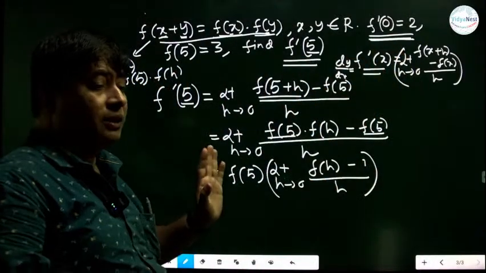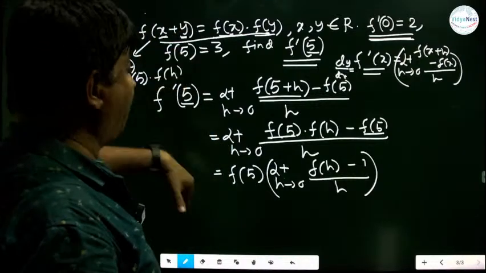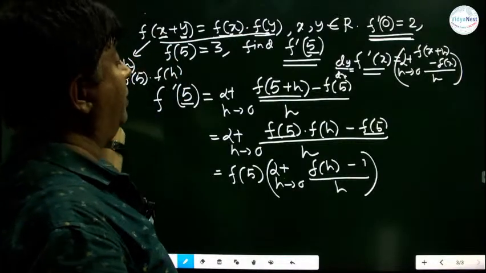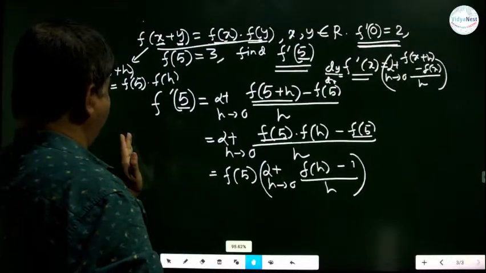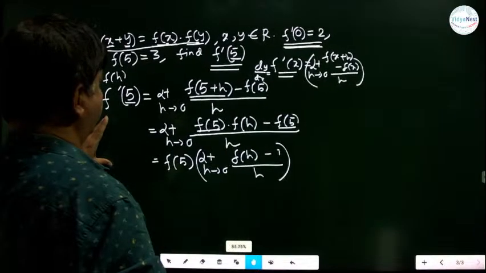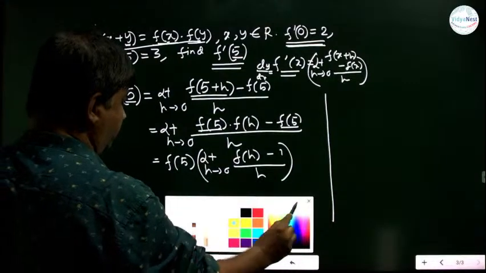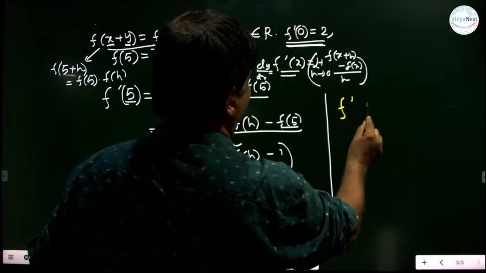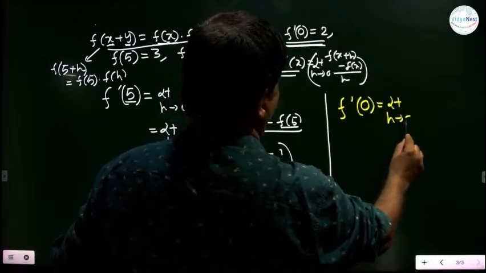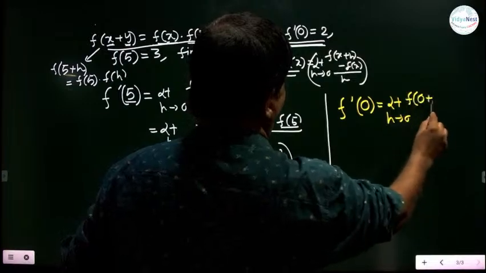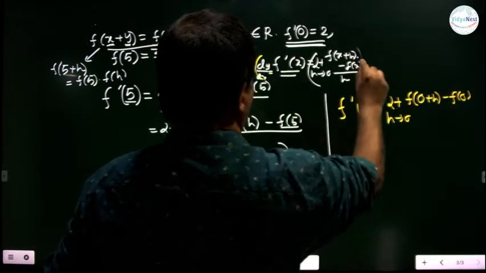So the question will haunt us. The way we are finding f dash 5, the same thing will be followed here also. You observe, once you get f dash 0, f dash 0 is f(0 plus h) minus f(0) according to the first principle.